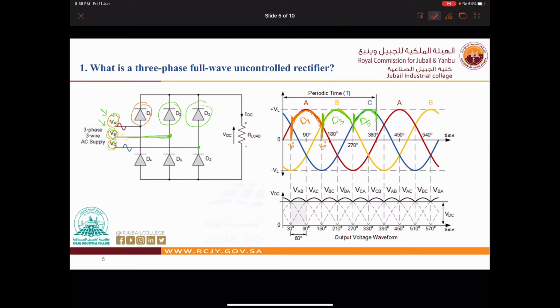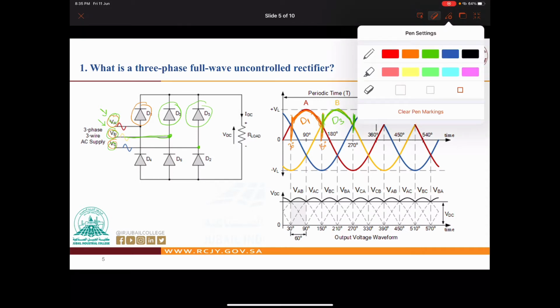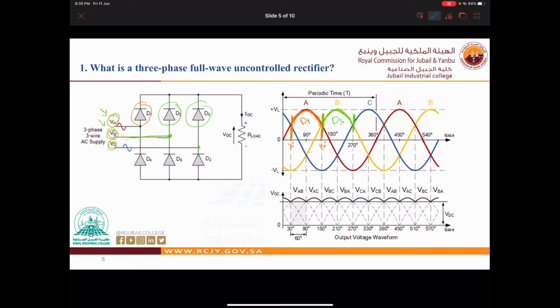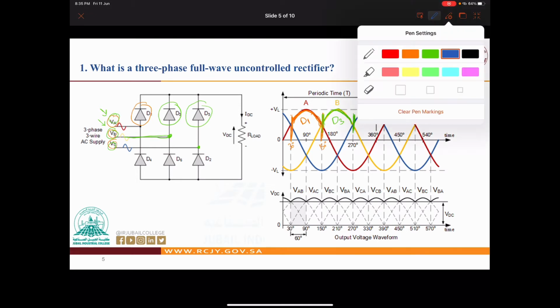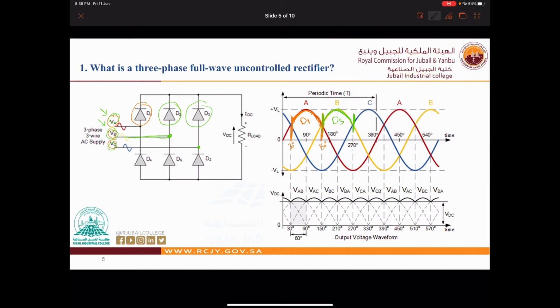Now I'm going to use another color. We can use the black color. So this is VC, and D5 is going to conduct at this time. Now this is for the positive cycle.